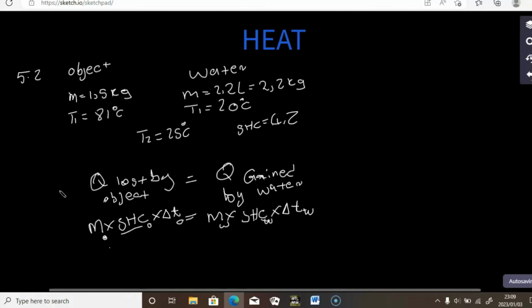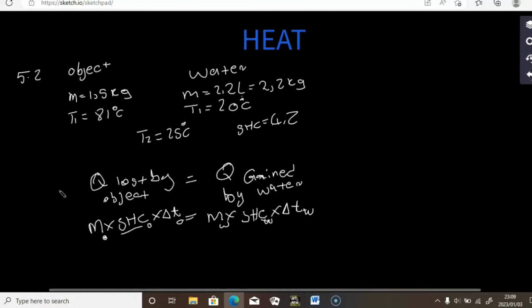So we are going to substitute the mass of the object. We forgot to go through the values that were given, or the data. Its mass is 1.5 kg. We're given 1500 gram, but we need to convert it to kg because that's how we use it.